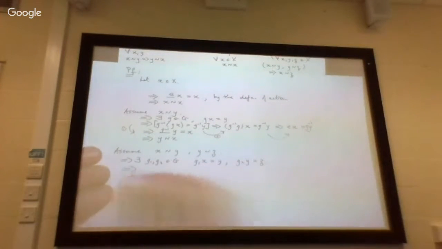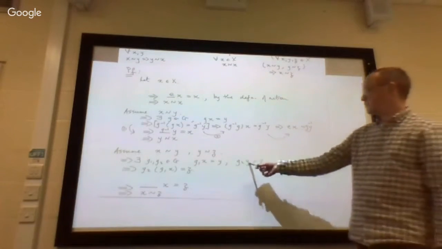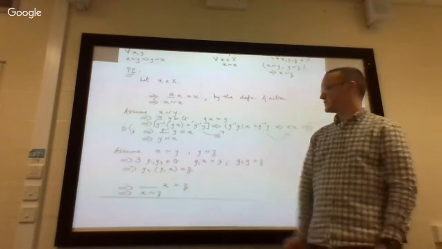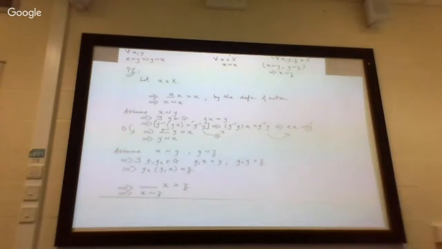So these two imply that if you do G2 on G1 of x, you get z, just simply replacing y there by G1x. Put down property 2, so we're exactly coding property 2 there, just from right to left.